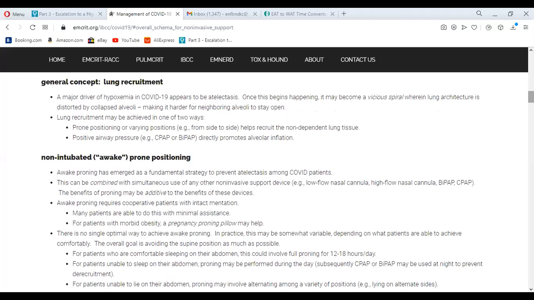Okay, so the recruitment measures are prone position, as we've mentioned, and then also the positive airway pressure, that's the CPAP and the BiPAP. Okay, so let's move down.